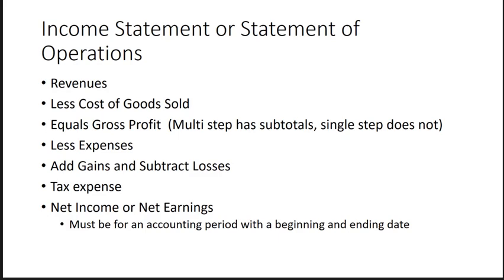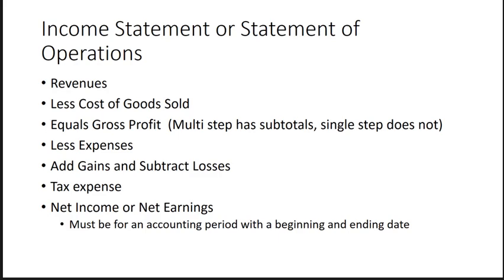So the first one is income statement, also called the statement of operations. That tends to be the new, more jazzier term, you might say, for it, but either one will work. It starts with revenue, what they have earned. That's always first. Revenue, sales, that's the first item on the income statement.